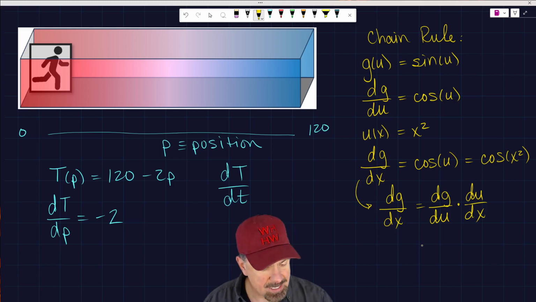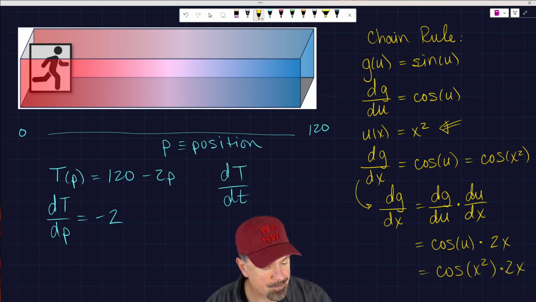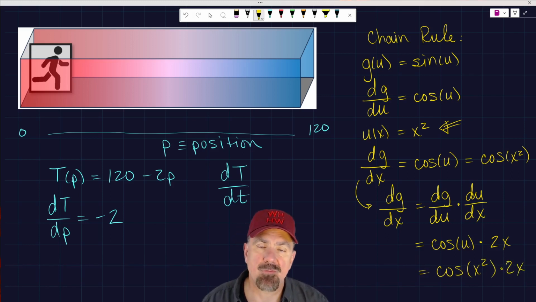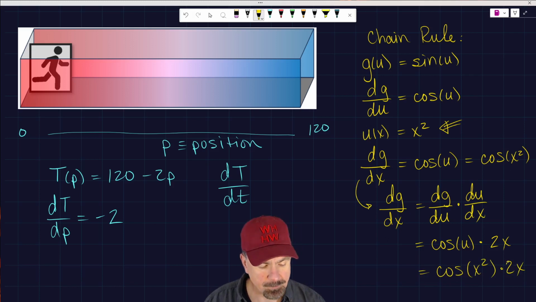And this is going to give us cosine of u multiplied times the derivative of u with respect to x, which is going to give us 2x. Substituting for u, it's cosine of x squared times 2x. And this is the typical type of problem where you'll be using the chain rule.